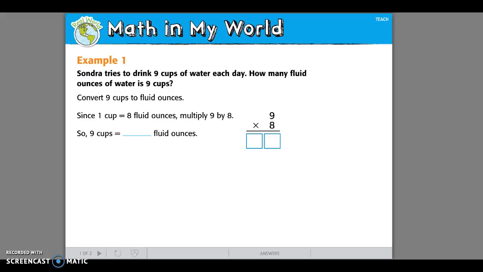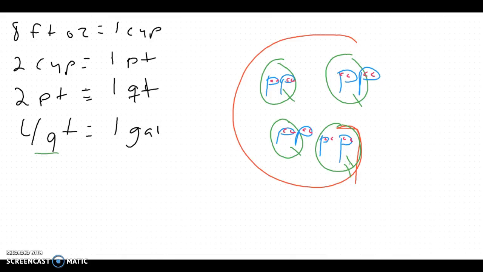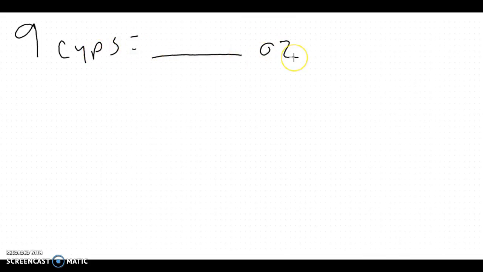All right, let's look at this example problem. It says Sandra tries to drink 9 cups of water each day. How many fluid ounces is in 9 cups? So if we go back to our conversion, we're looking at ounces and cups. And there are 8 ounces in 1 cup. So our problem says that we have 9 cups, and we need to find out how many ounces that is. So for every 1 cup, we have 8 ounces.